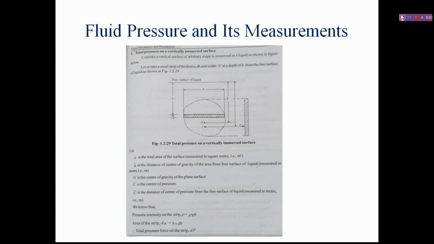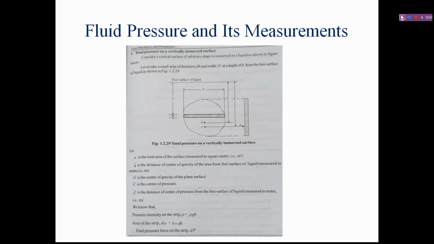First of all, we consider a small strip from the immersed surface. That strip has a width b and thickness dh. You can see in the diagram the hatched portion having width b and thickness dh. So what will be the area? Because it is a rectangular portion, the area will be width b into dh.